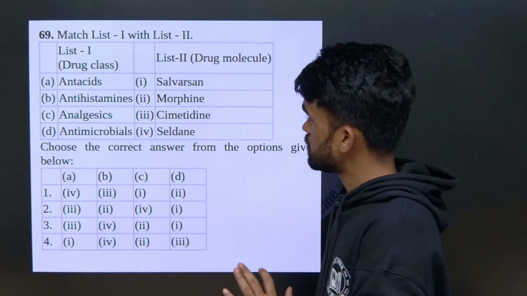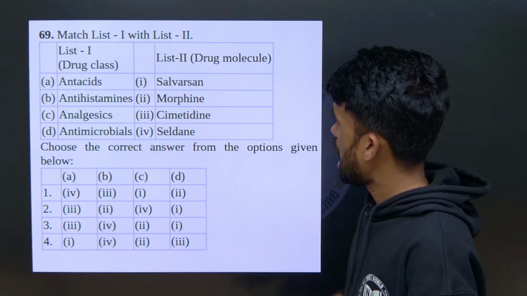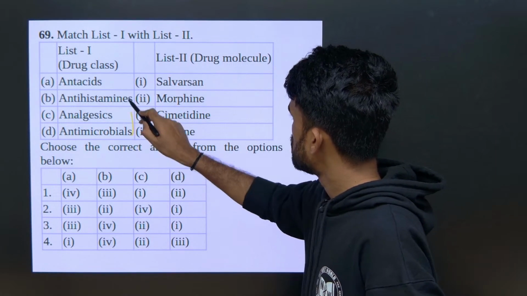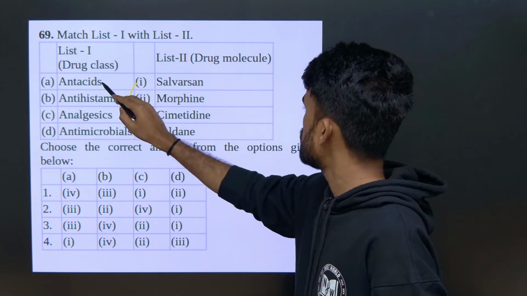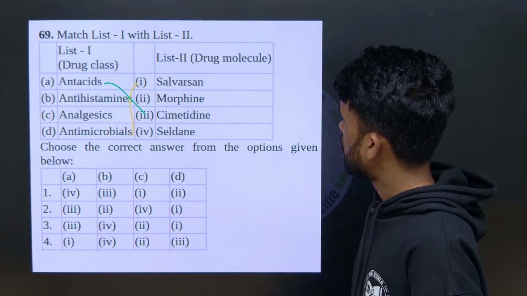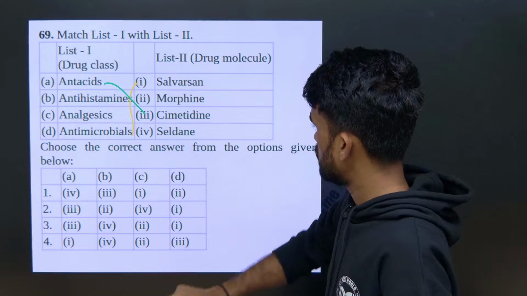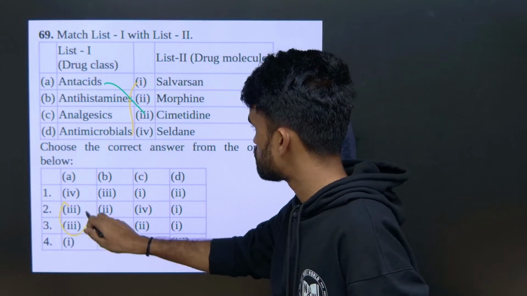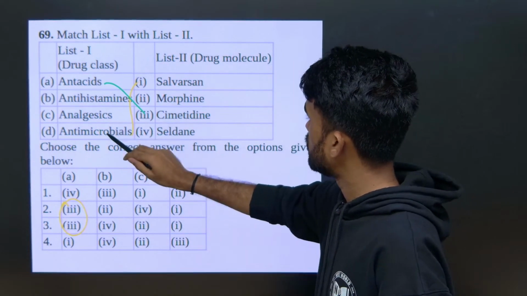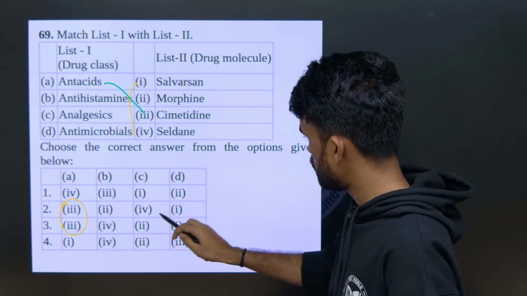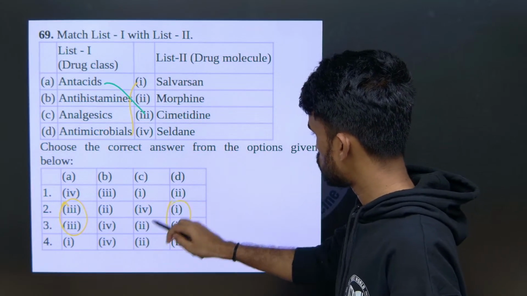Next, this is again an easy question. Antimicrobial drugs, this is Salvarsan. Antacid is Cimetidine. Based on these options you can just check once. A3, yes, these two options are there. Antimicrobial, D1, here also these two are D1, yes.